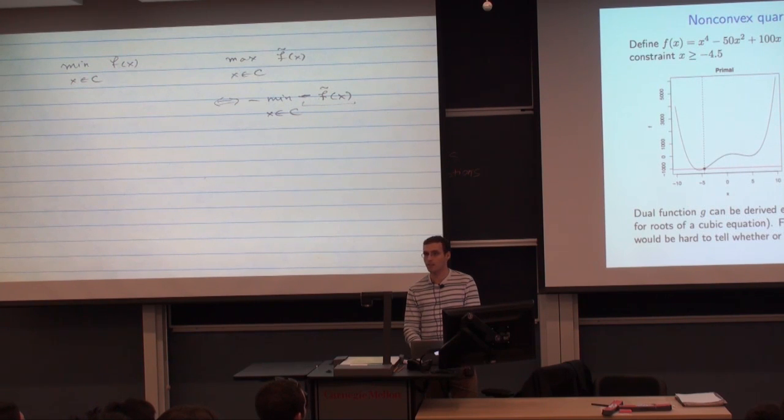And for the roots of a cubic equation, we actually have a closed form expression. It's not as simple as the roots of a quadratic equation. It's kind of messy, but there is a closed form for that. So the hope in constructing this example is that I could actually give you a closed form for the dual for a non-convex problem. That's why I chose this function in the first place.